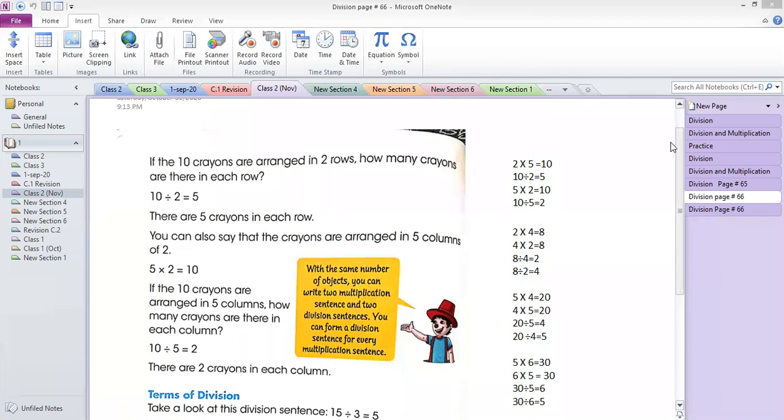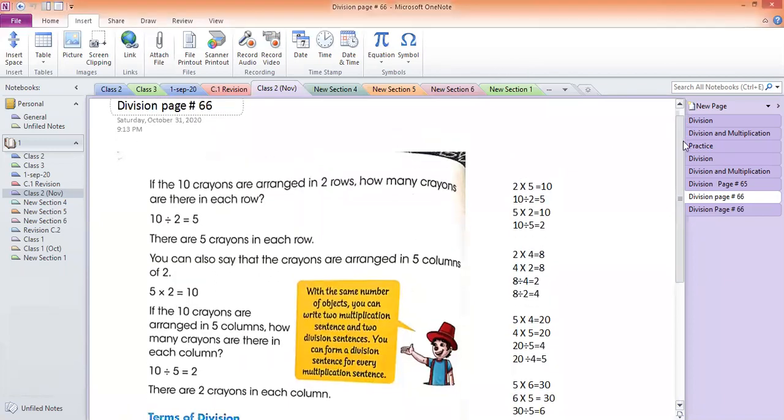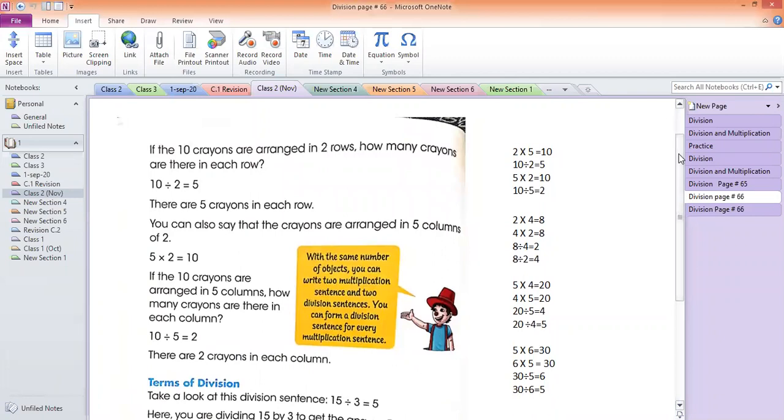What we learned yesterday, in the last class, is how, with the same number of objects, we can make two multiplication and two division sentences. Like if there are two chocolates in one pack and you have four such packs, how many total chocolates do you have? Eight. And if there are four chocolates in one pack and you have two such packs, how many chocolates?